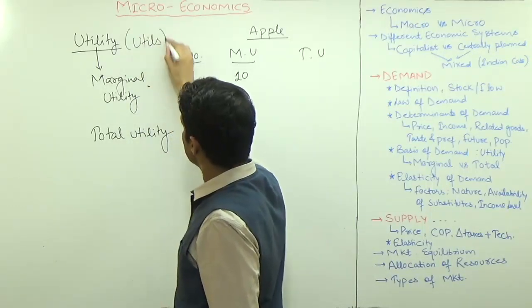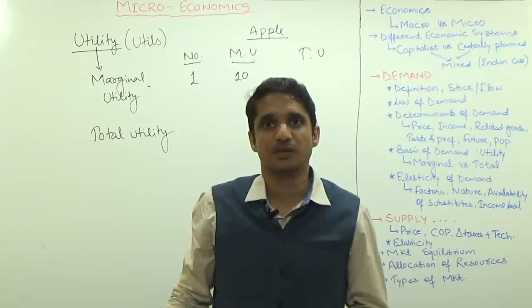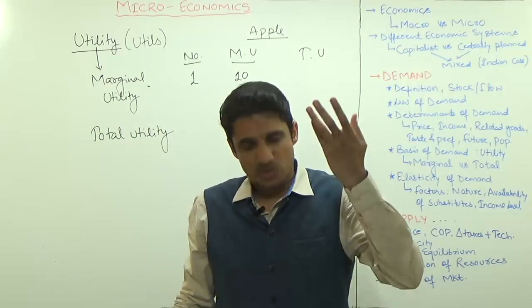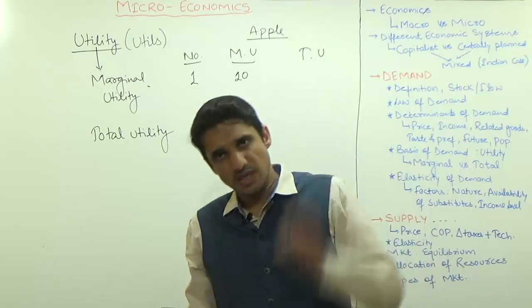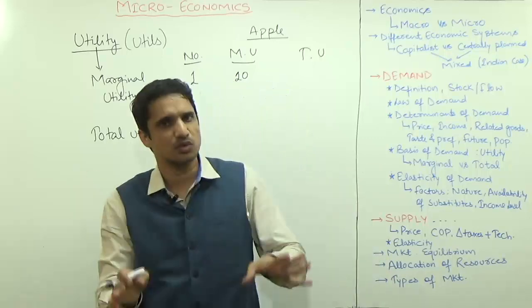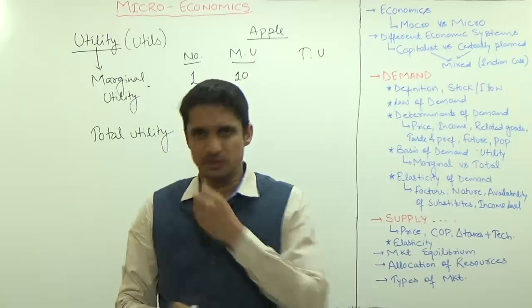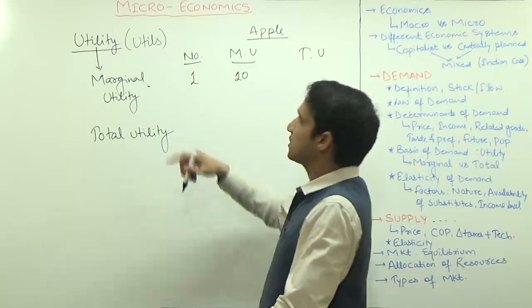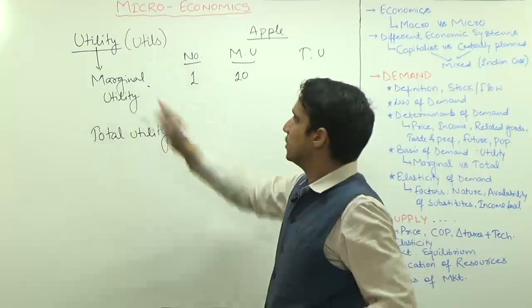Although it is very difficult to measure, because we already discussed it changes from person to person, time to time. Here I want to consume coffee maybe, but outside I don't want to. So it's highly subjective, but still you have to convert this subjectivity into an objective thing. That is why utils is the unit.